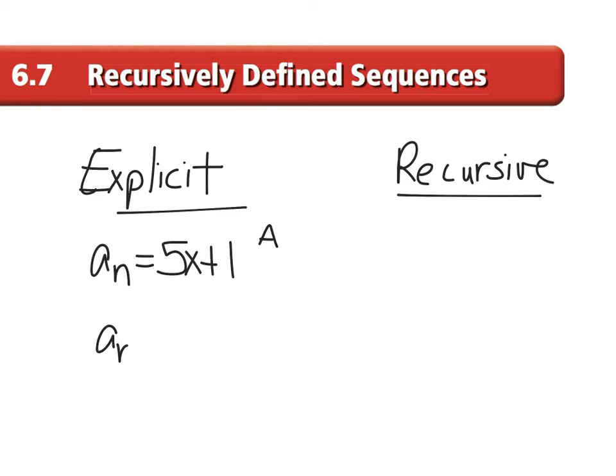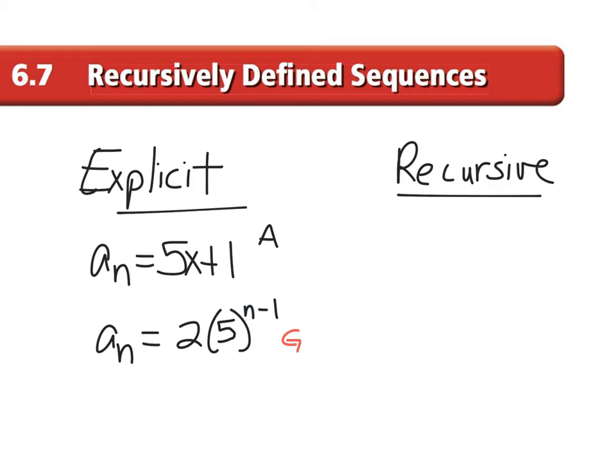If I did a sub n equals 2 times 5 to the n minus 1, that's explicit, because in either one of these, if I wanted to know the 17th term in the sequence, you would plug in the 17 and you would get the 17th term. So this is geometric, by the way. So that's explicit.